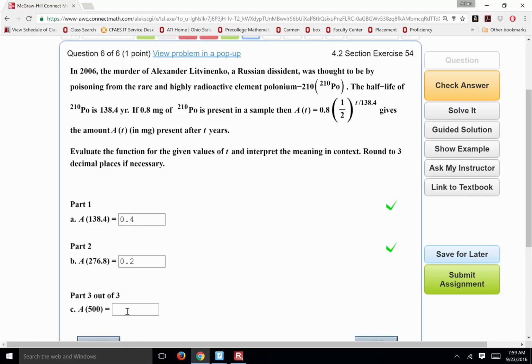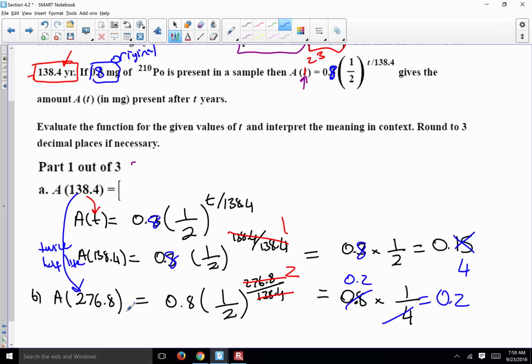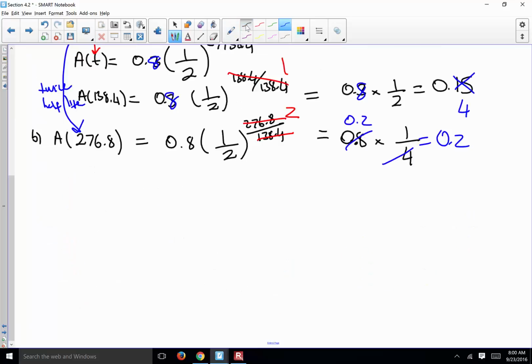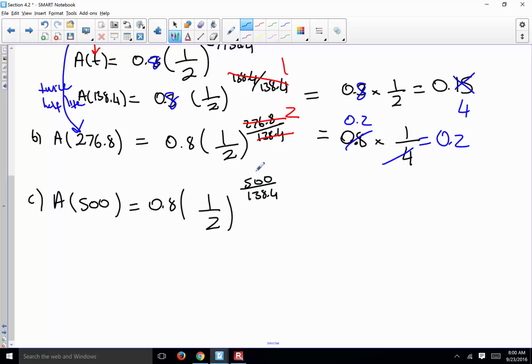Okay, and the last one, this is the weird one. It's 500 right now, and for this you need definitely a calculator. Why? Because it's not a whole multiple of the half-life. 500 is not just 3 times the half-life. So when I enter it here, this division 500 over 138.4, this is not a whole number. So I won't be able to hand calculate this.